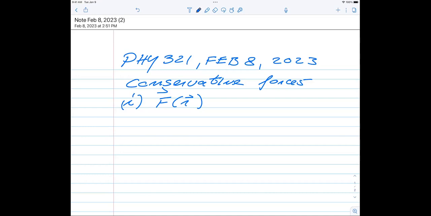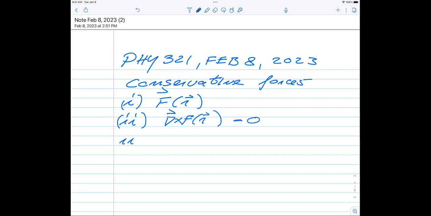Okay, so let's just move on and list some of the other properties. And one of these is that the curl of the force, and we have several exercises where we are going to deal with that, is equal to 0.